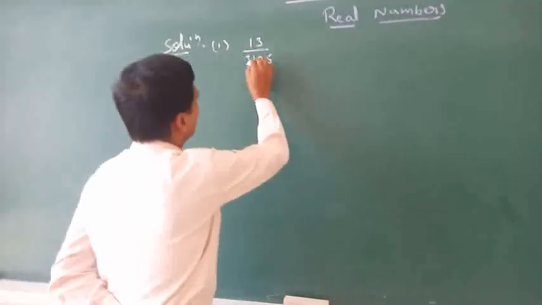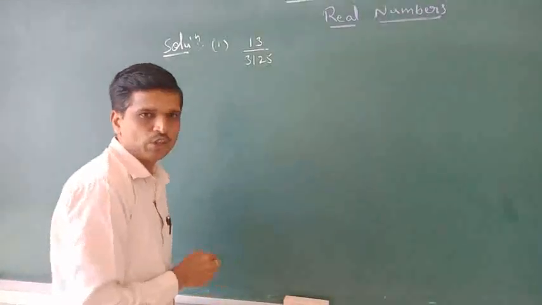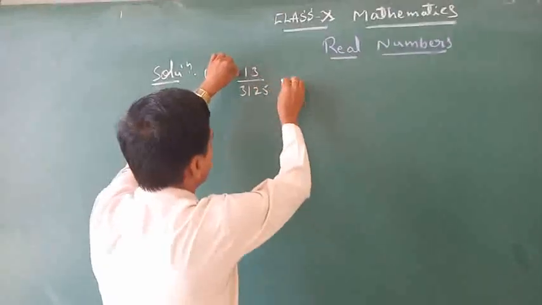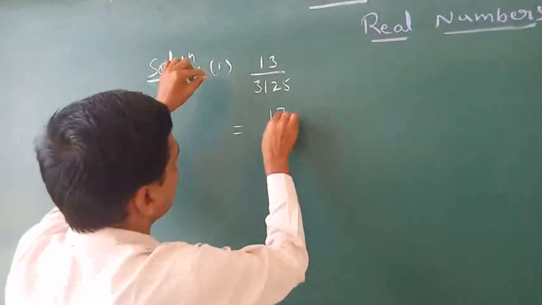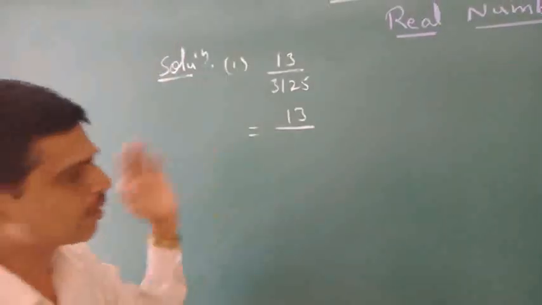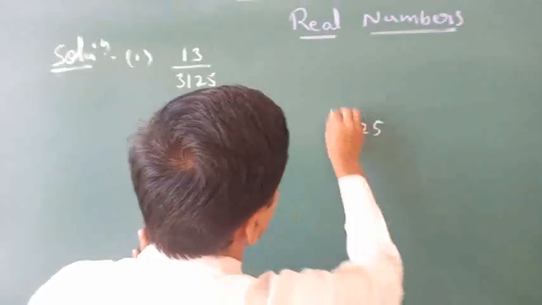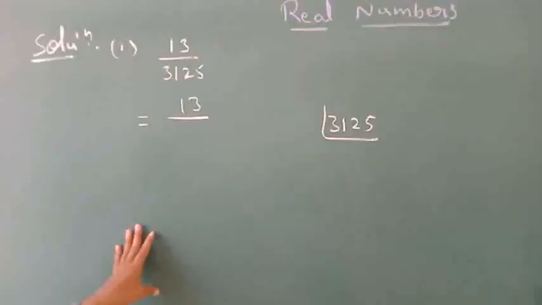Before going to these solutions, you must know the prime factorization method. Observe the numerator, 13. It is a prime number, so it cannot be factored further. So take 3125 and factorize it by using the factorization method.